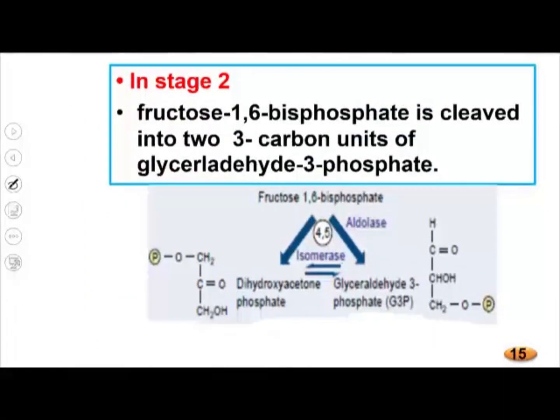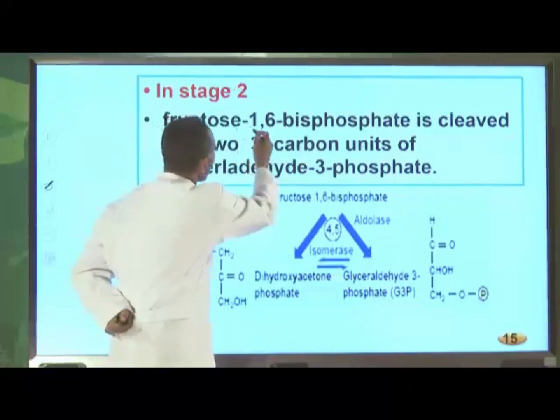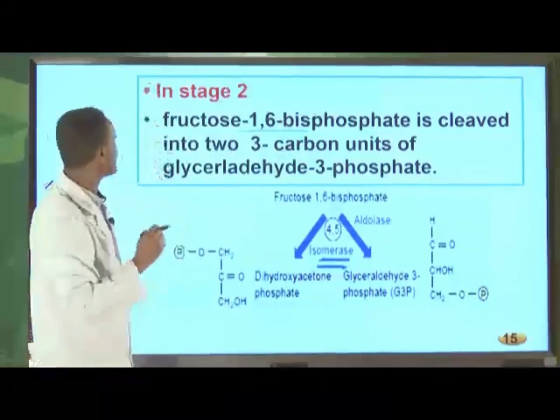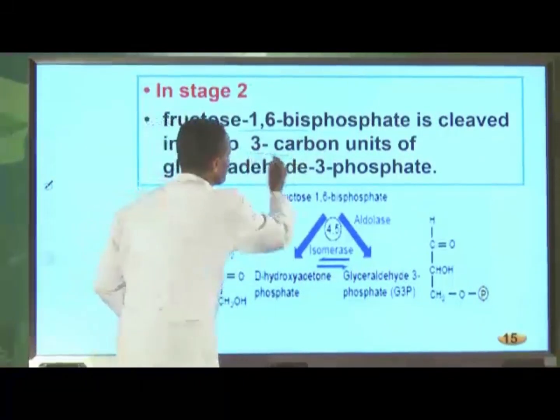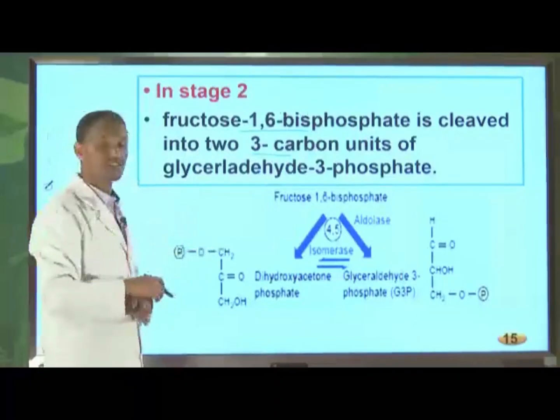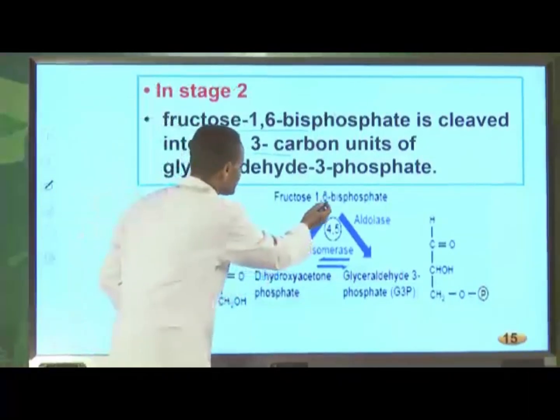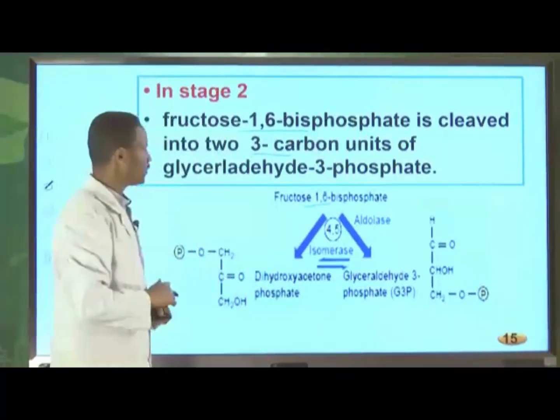In stage 1, fructose 1,6-bisphosphate is formed. But in stage 2, this fructose 1,6-bisphosphate is cleaved into 3-carbon units. Here is fructose 1,6-bisphosphate.